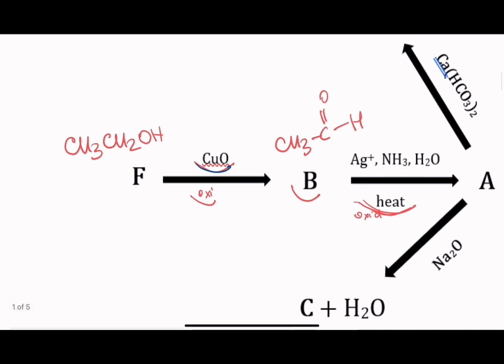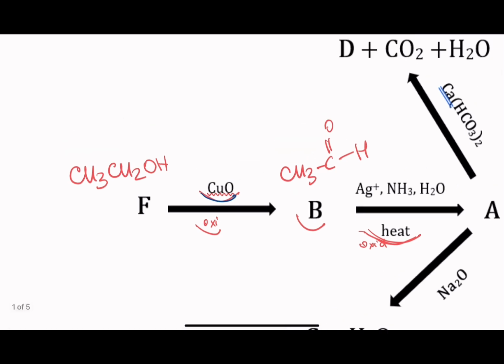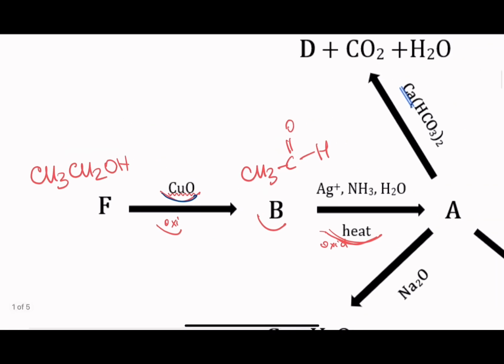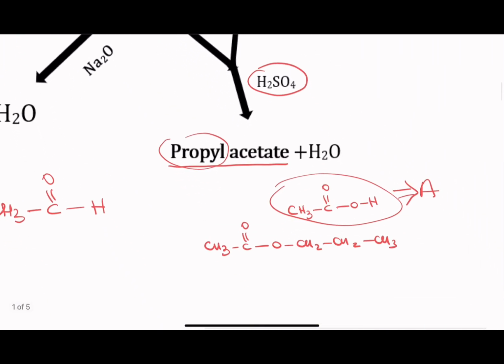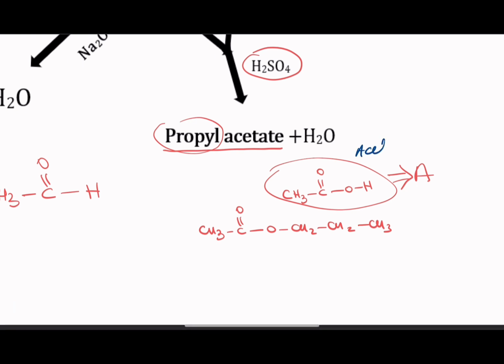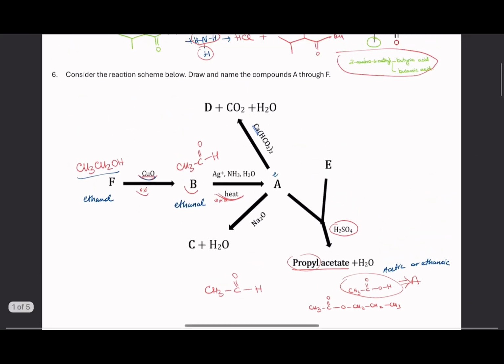Okay, so F is in here, it's going to be ethanol. This is ethanol. And this one is ethanoic, or the other name is acetic acid. Acetic or ethanoic acid, the one we made.